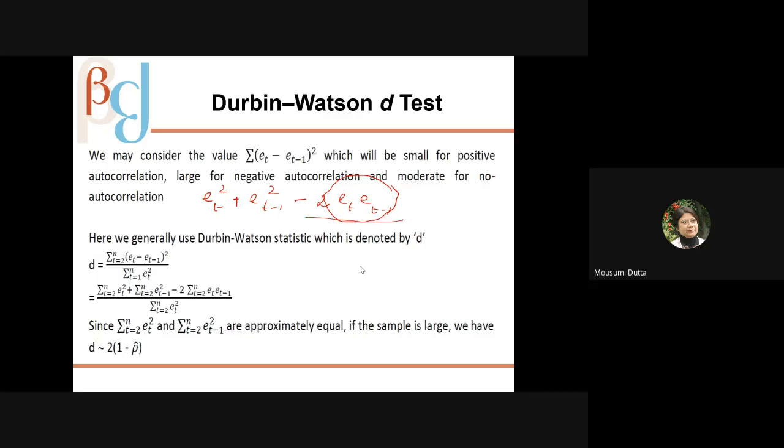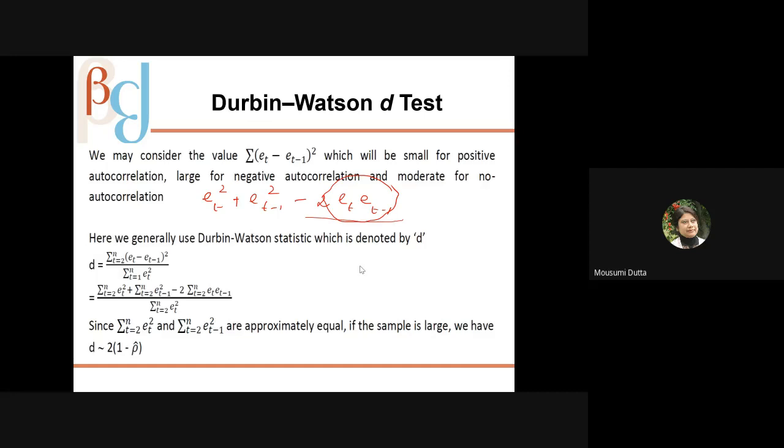Why? Because if t is 2, then t minus 1 will be the 1st period. Now if I consider t to be 0, in that case t minus 1 will be the minus 1st period. If I consider t to be equal to 1, then it will be E1 minus E0.